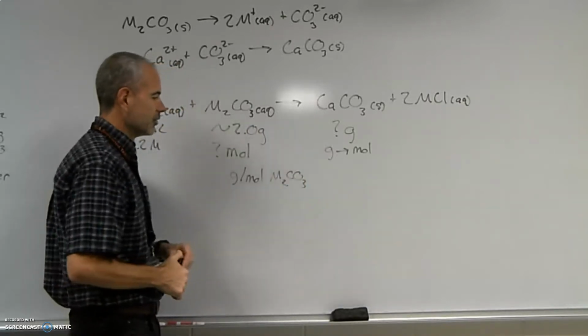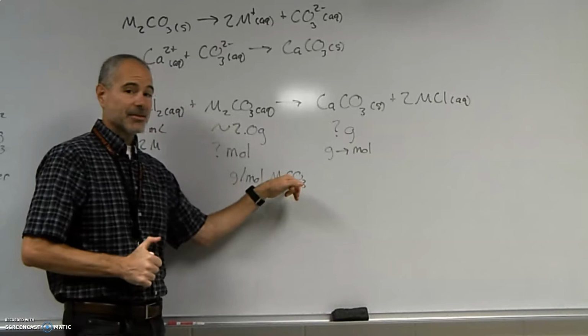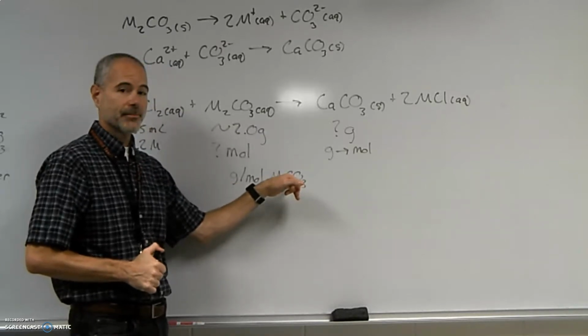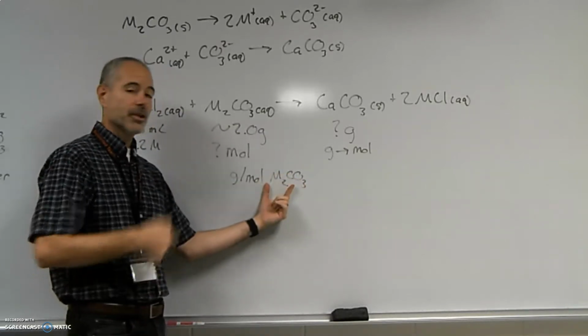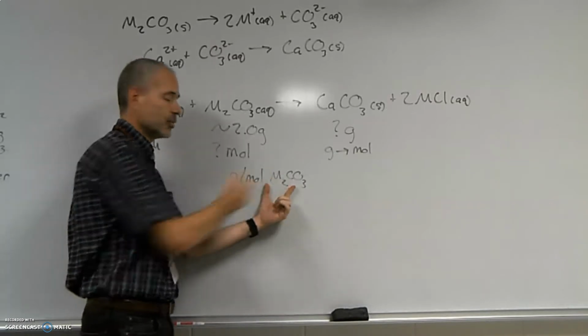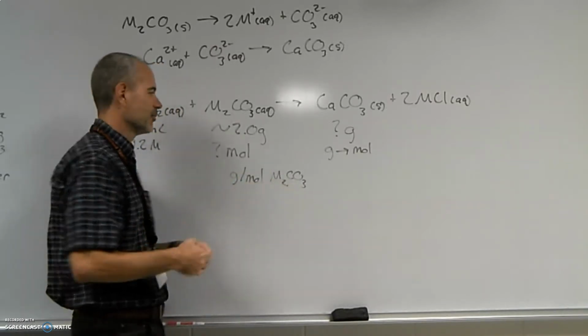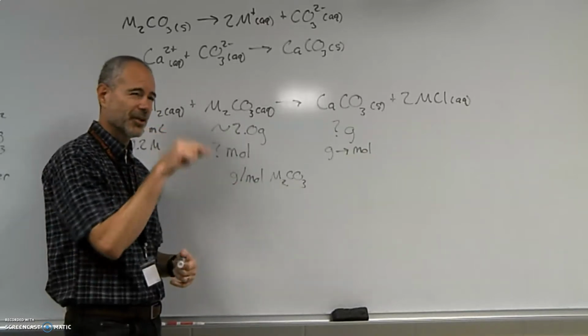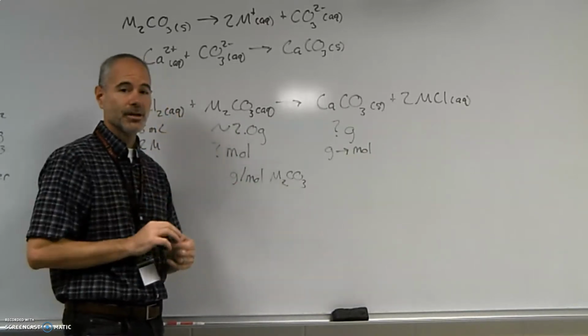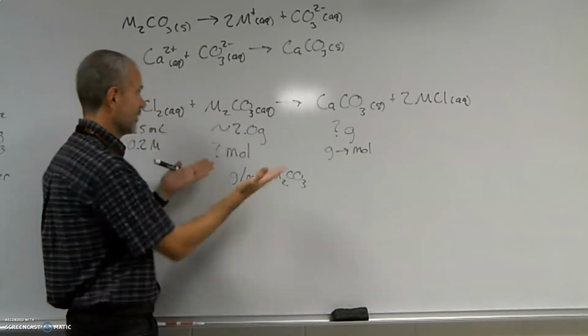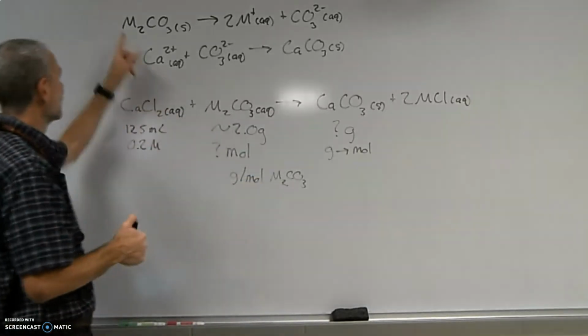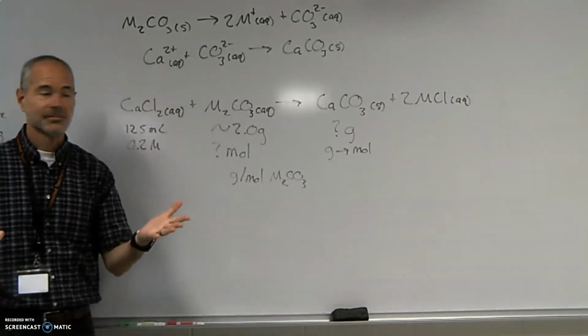What I need to do is subtract off the mass of the carbonate, which would give me only the molar mass of 2 metals, divide by 2. That would give me very specifically the molar mass of that particular group 1 metal. That's exactly what I'm looking for. Who is this mysterious group 1 metal?